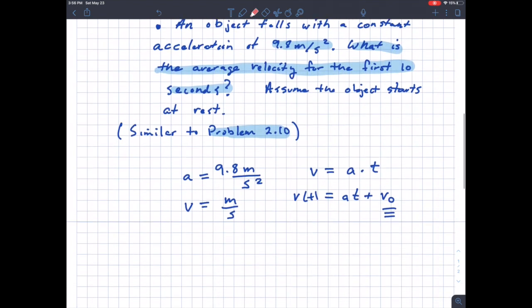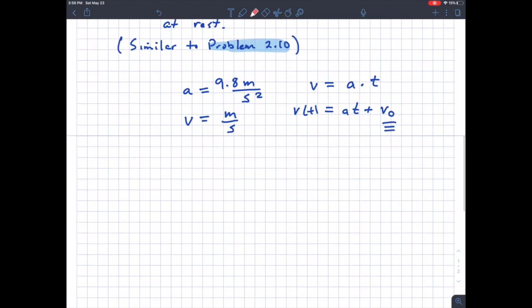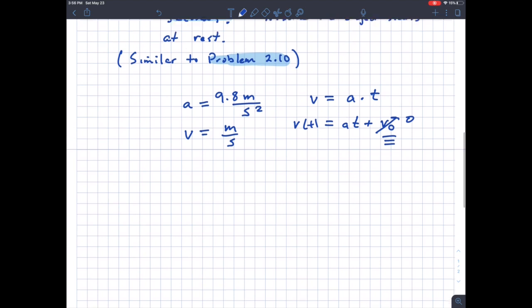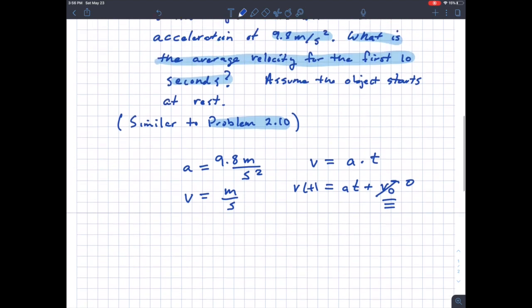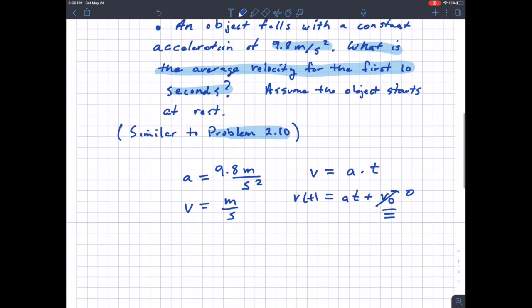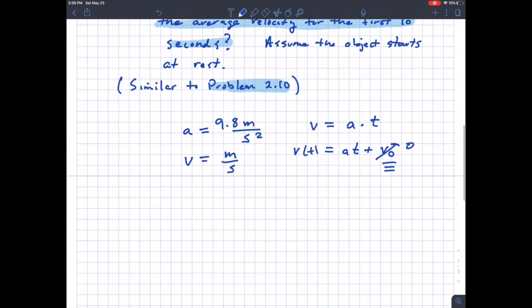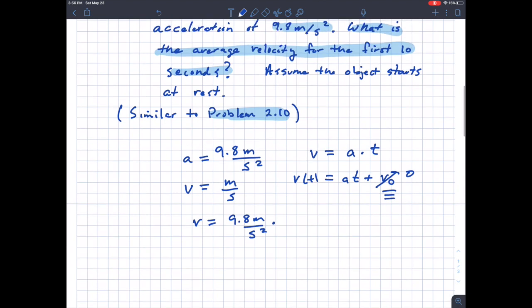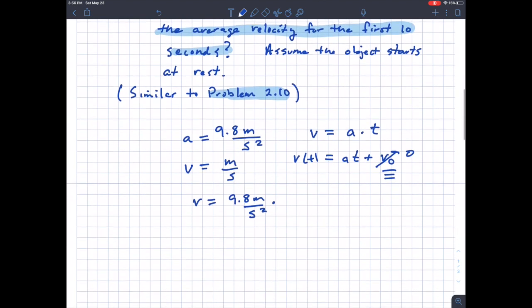All right, so finishing this example off, if we started at rest, the initial velocity is going to be 0. Okay, so this formula would still apply, and we could look at the average velocity over that interval. So we have V is equal to a, 9.8 meters per second squared, times t, and t is 10 seconds.